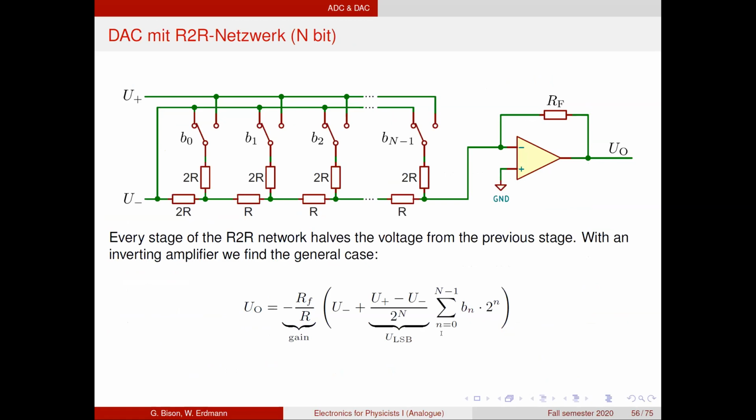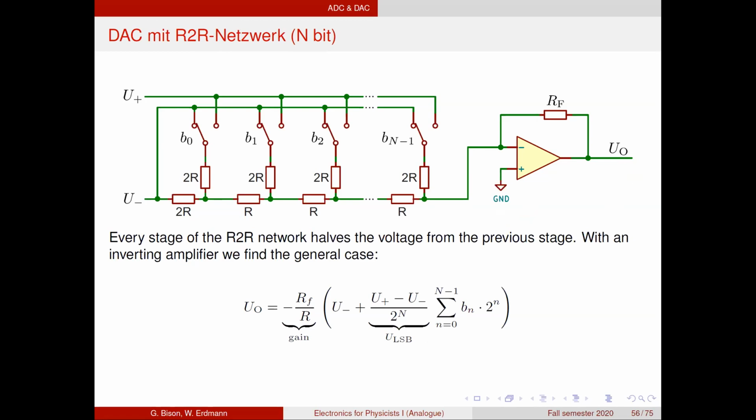Okay, and in order to make a system out of it, we take the output of this R2R ladder and feed it into an inverting amplifier, where with a feedback resistor, we convert that to a nice voltage.